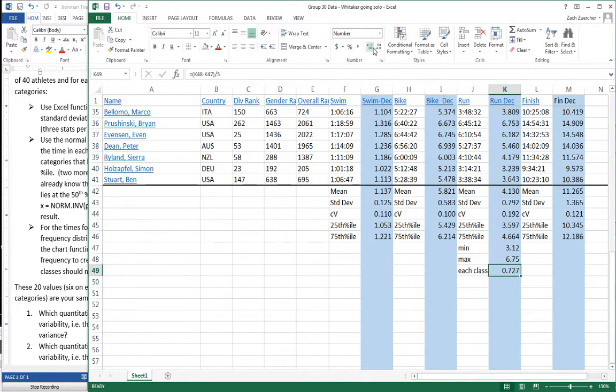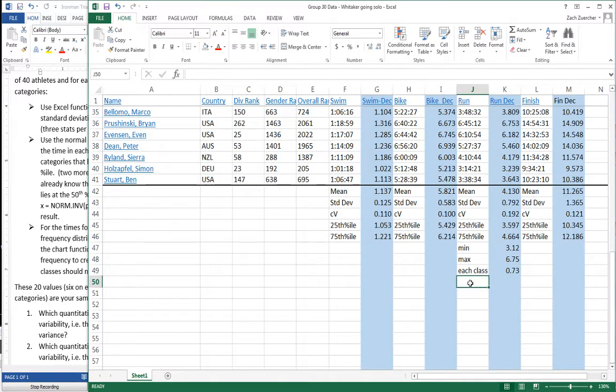Well, let's round that up. Let's slide that over. 0.73. Okay. So our smallest data value for the run is 3.12 hours. The largest is 6.75. If we divide that difference up into 5, then we've got each class 0.73 wide.